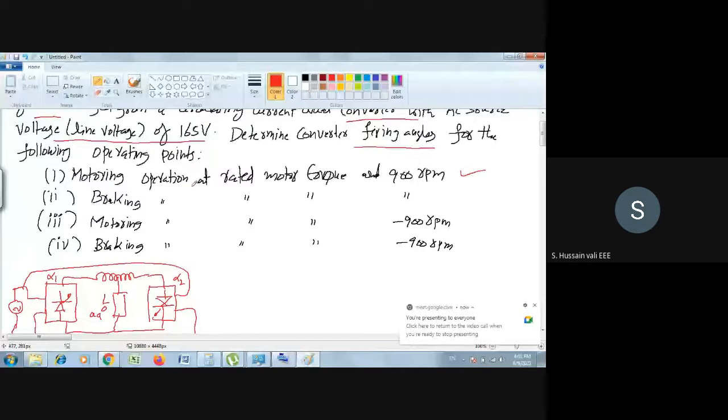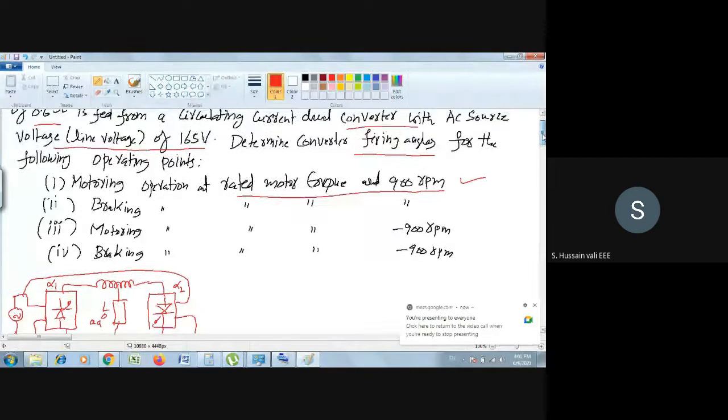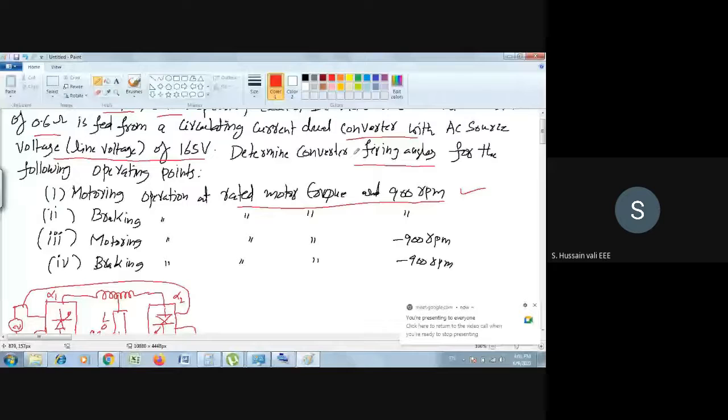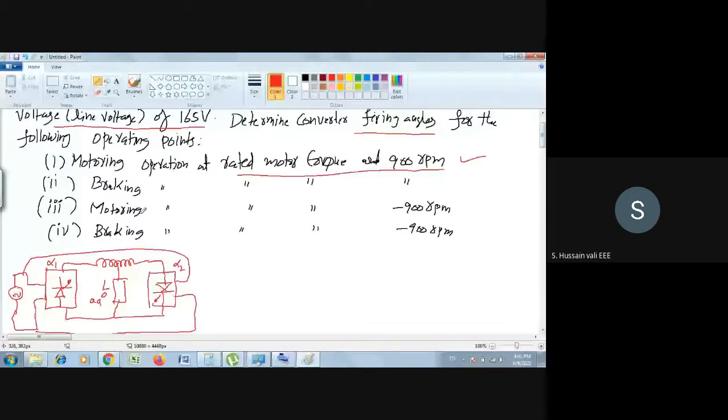Motoring operation at rated motor torque and 900 RPM. That's the question he's asking. So he's asking you to find the converter firing angle for the first case, that is motoring operation. So here it is working as motoring operation. So when it is working as motoring operation, what are the values of alpha 1 and alpha 2?